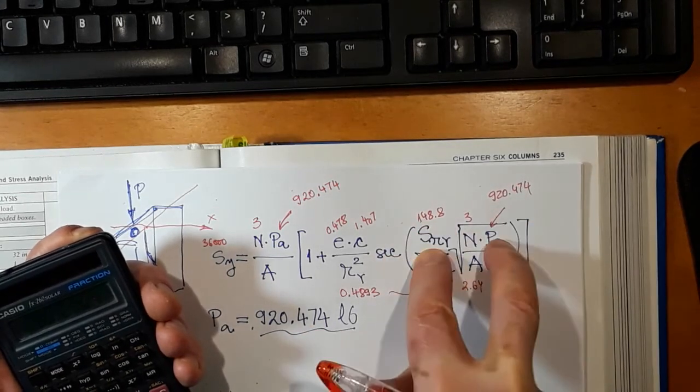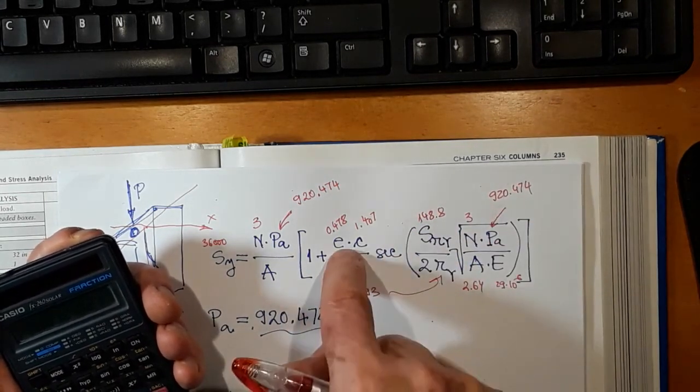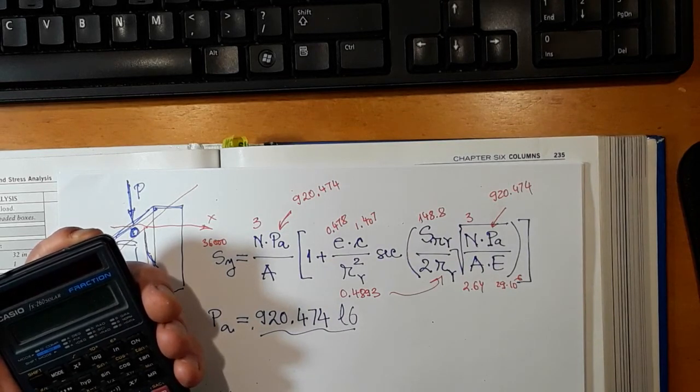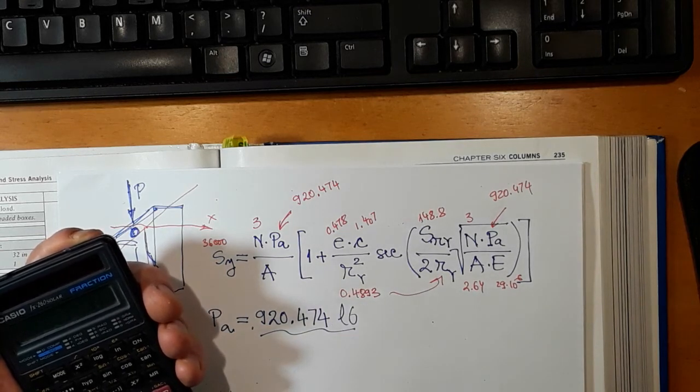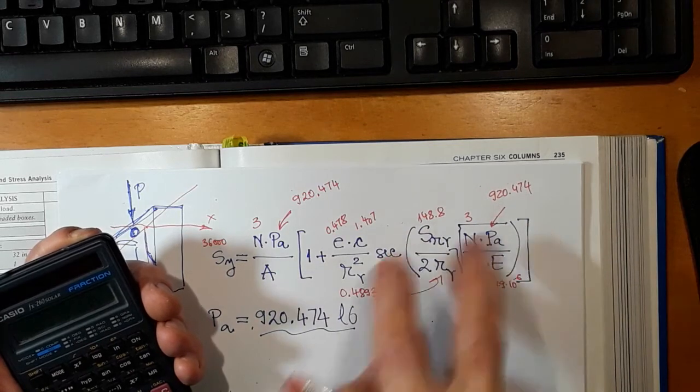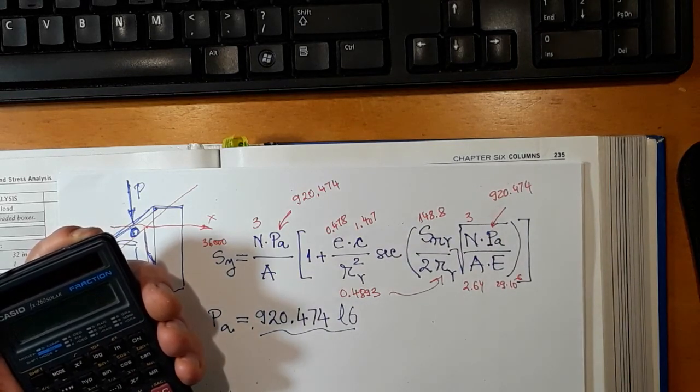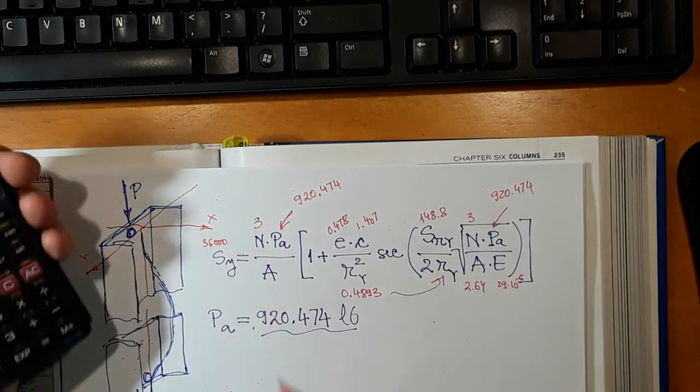Times 0.478 times 1.407 over 0.4893 squared, equals, plus 1, equals, times 3 over 2.64, the area, times the value in memory, equals.